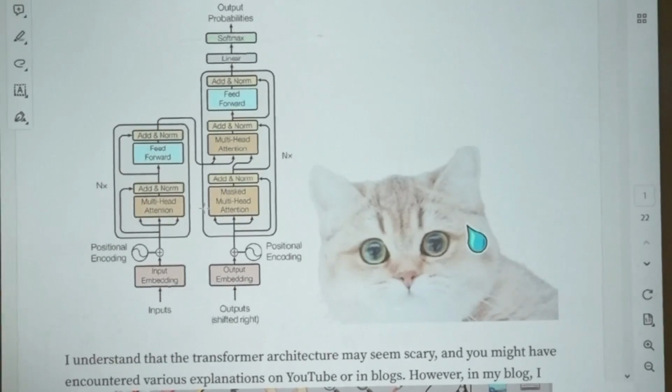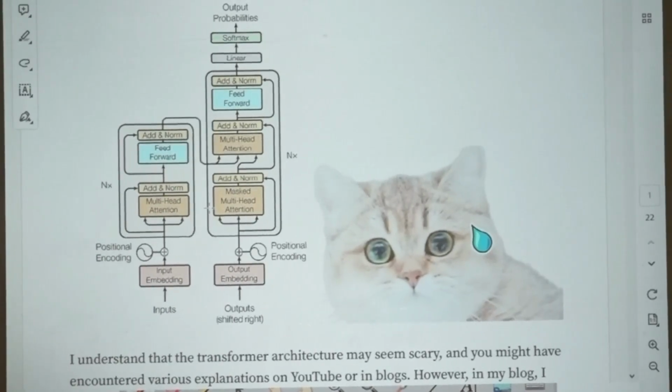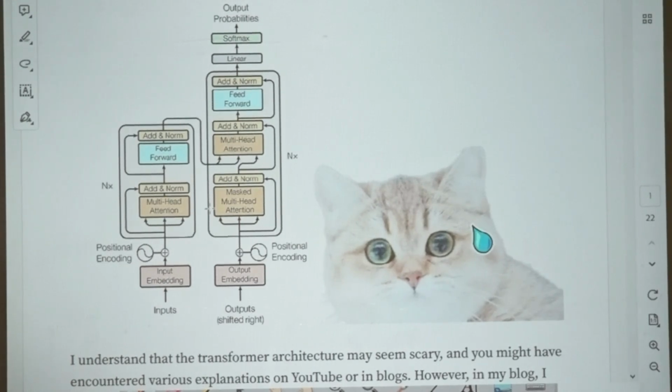You see the left side, that is often called the encoder part of it. In fact, the paper labels it as an encoder. And the one on the right side is called the decoder. Though an encoder encodes and a decoder decodes, it is important to understand that actually the encoder and the decoder are very much alike.